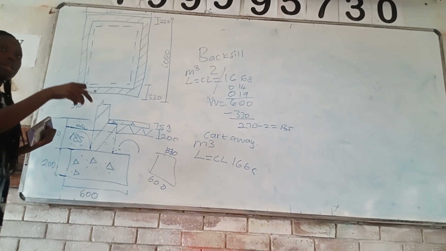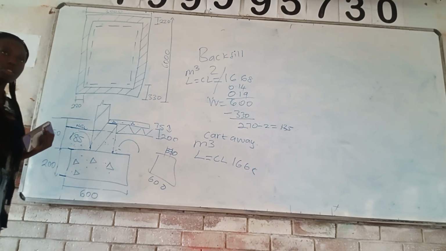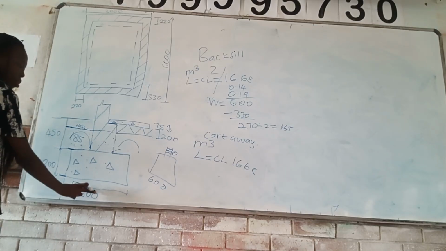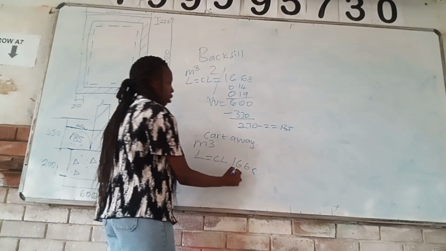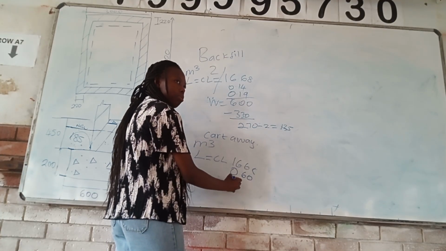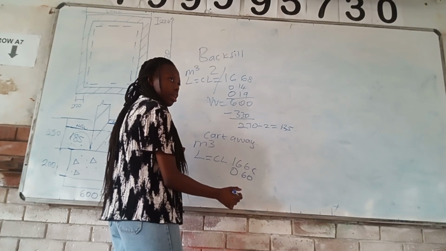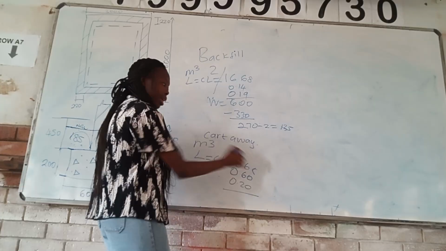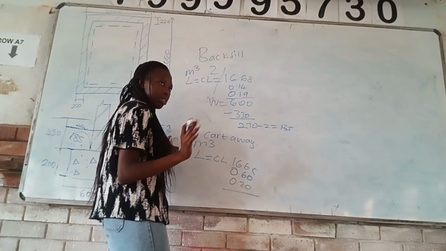What has that soil been replaced with? With the concrete footing. So it will take the dimension of the concrete footing. The length is the center line, the width is the width of the concrete footing, 0.60, and then the height of the concrete footing, 0.20.